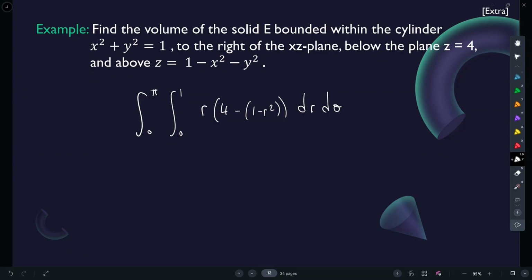And that becomes the integral from 0 to pi, integral from 0 to 1 of 3r plus r cubed dr d theta. And if you complete this integral, you get 7/4 of pi.